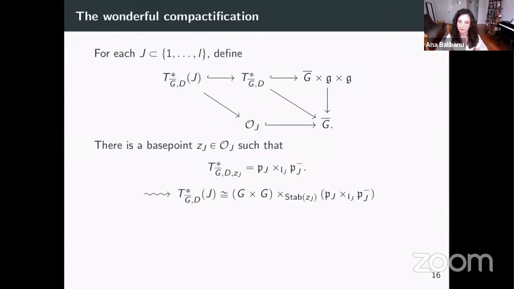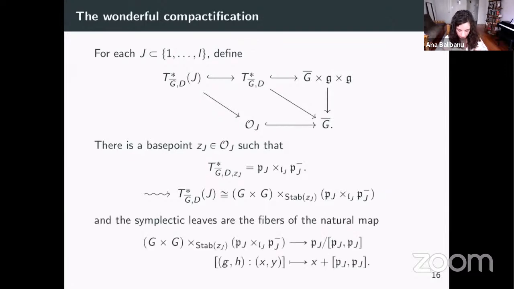So this is exactly the Lagrangian subalgebra that Lou just asked about. And then using the fact that everything is G equivariant, it's quite easy to see that the restriction of the log cotangent bundle to this orbit looks like a vector bundle over the orbit OJ. And the fiber of the vector bundle looks like this Lagrangian subalgebra.